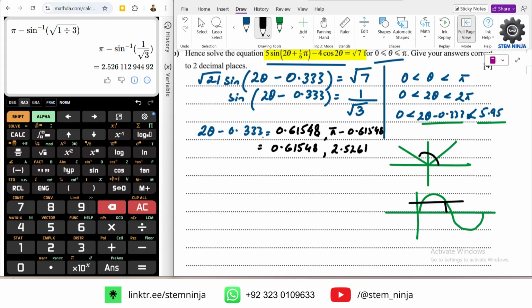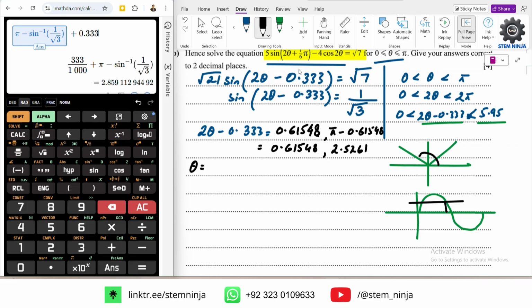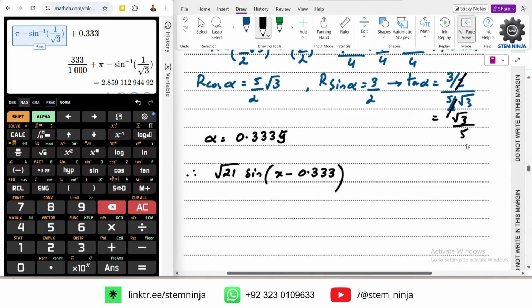Now one by one we need to add the 0.333 and then divide by 2. So theta is equal to this plus 0.333. Actually, you could do the exact value also, which came from tan inverse of root 3 over 5.